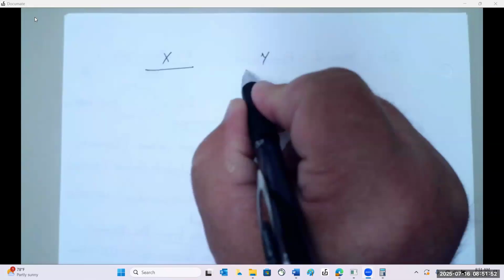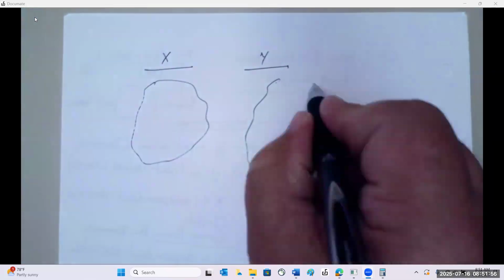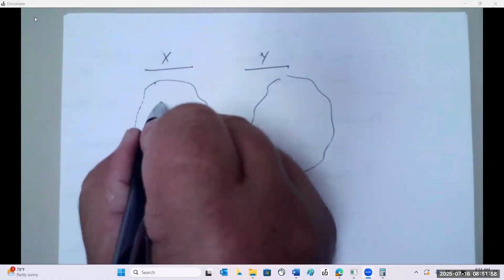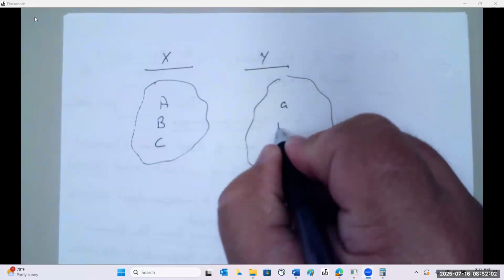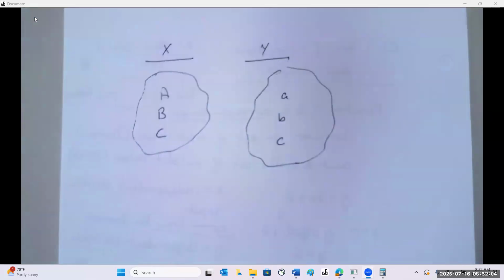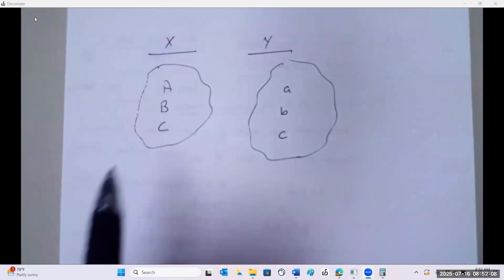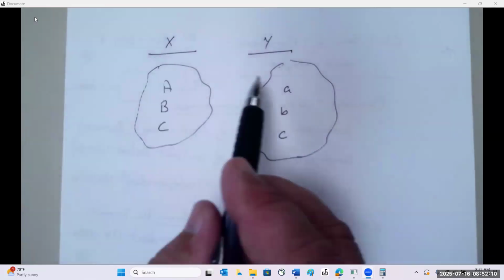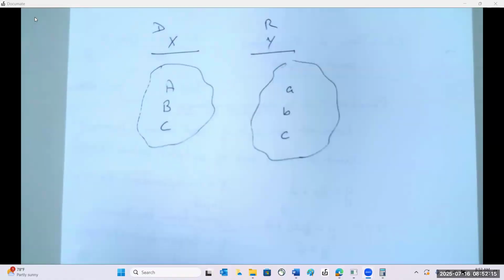So here we have our values of X, and here are values of Y. These are my inputs, these are my outputs, my domain and range. This is my domain, this is my range.